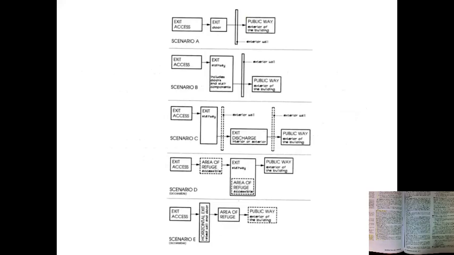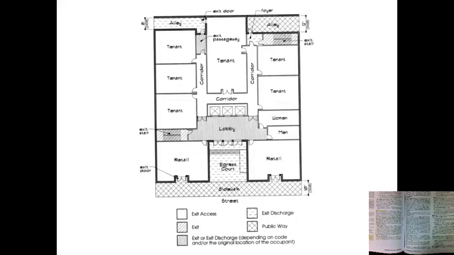So there's different scenarios within your textbook, so look through those and read that. And here we are from your textbook. It kind of told you, of course, where your exits are within here. It could be a whole lobby dedicated to an exit. Okay. Exits here so that you can understand it. Review that.